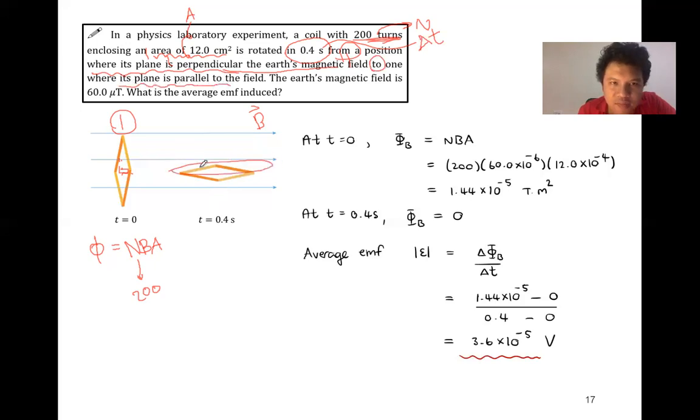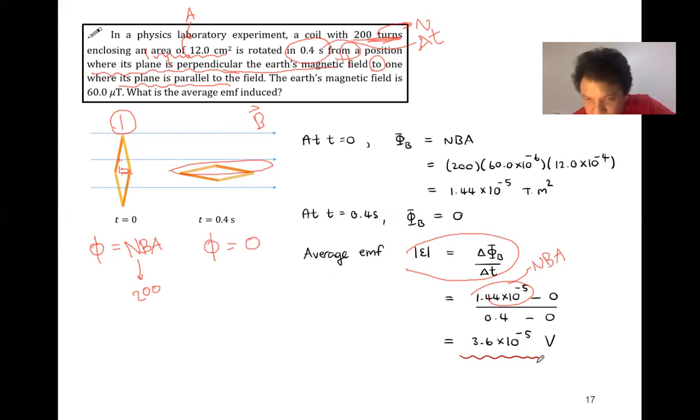When the plane is parallel to the field, no field lines are passing, so we expect zero flux. All right, so we can find the average EMF by doing the flux of NB times A minus 0, and this should be the number that you get.